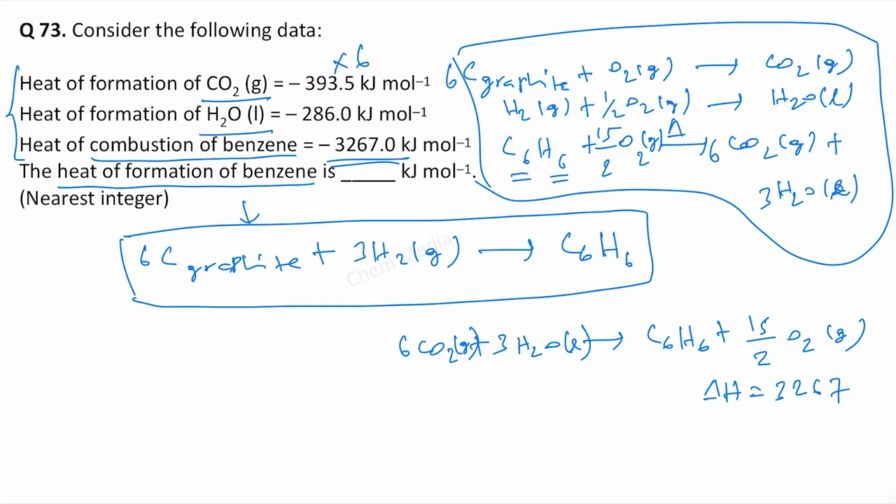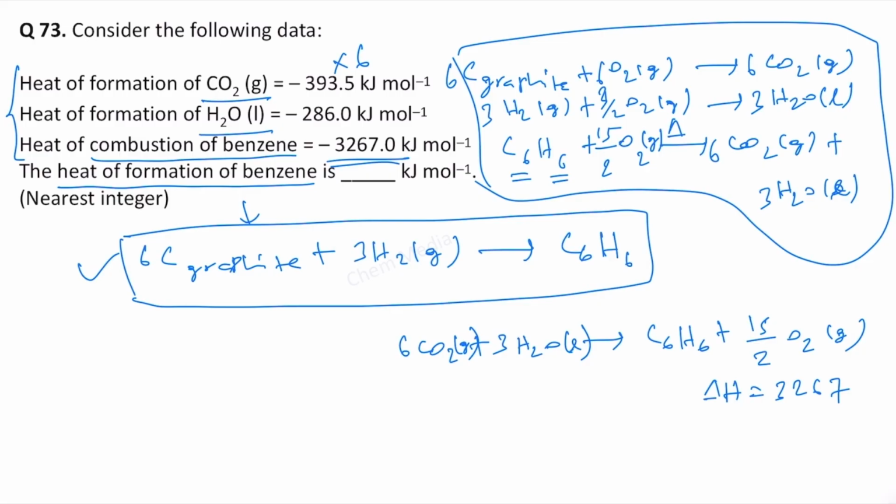So this will be 6 times carbon, 6 times O2, 6 times CO2, and then the second one we have to multiply with the 3, so that if we sum up we can get this one. So 3 times H2, 3 by 2 times O2 and 3 times water.